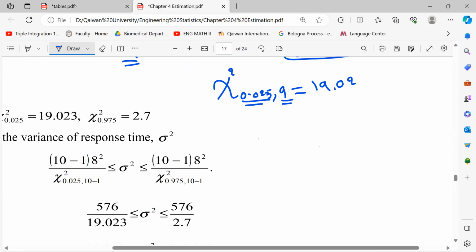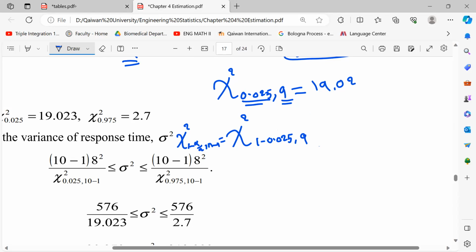Then we need to find chi-squared of 1 minus alpha over 2, which is 0.025, and 9 again. It's for the right hand side. In the right hand side, 1 minus alpha over 2 and n minus 1. Let me write down this. Chi-squared of 1 minus alpha over 2 and n minus 1.